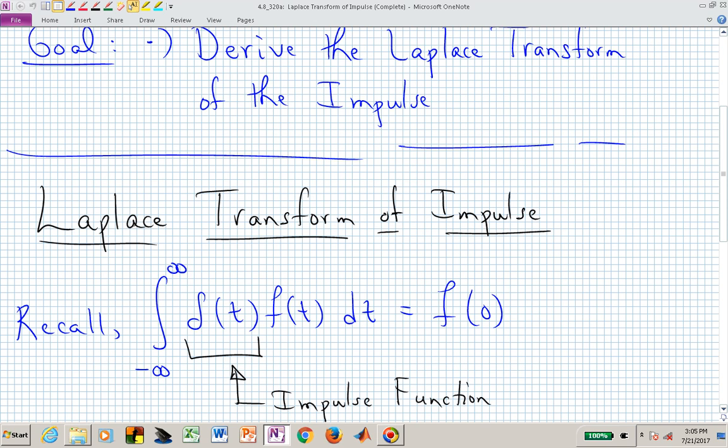So now we have a weighting of 1 that is applied to the waveform f of t, and this weighting is only true at the time instant when this impulse occurs, which in this case is at t equal to 0. So the only thing that this integral of impulse times f of t can do is push out or produce the value of f of t at time t equals 0. So the integral of this impulse product with f of t is going to be f of 0.